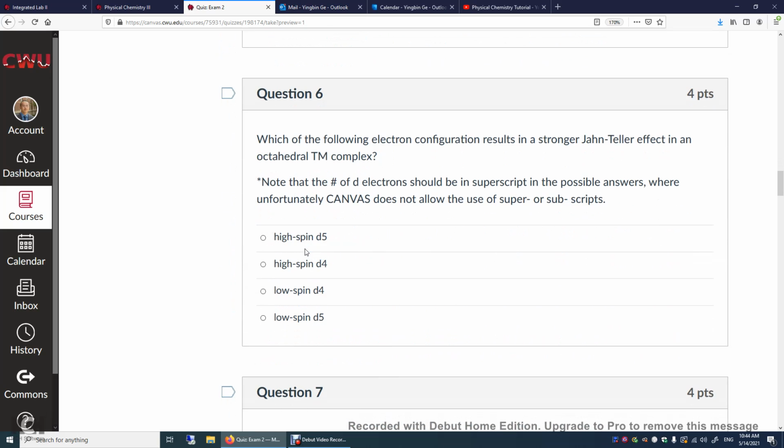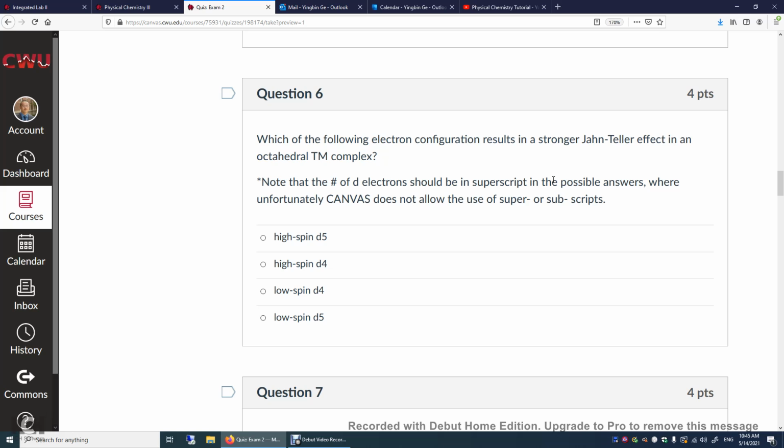Question 6, Jahn-Teller effect. First, I want to give you a brief summary about the Jahn-Teller effect. When you have 1 or 3 electrons in the eg orbitals of an octahedral transition metal complex, you have the strongest Jahn-Teller effect. Again, 1 or 3 electrons in the eg orbitals.